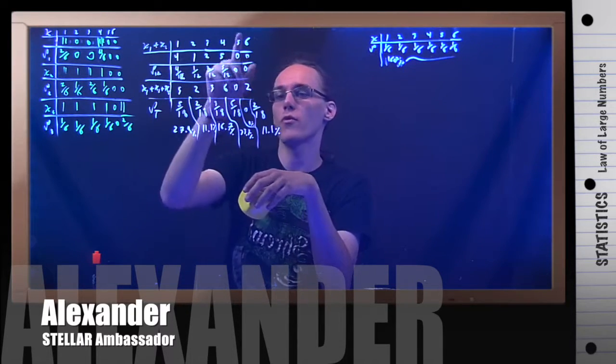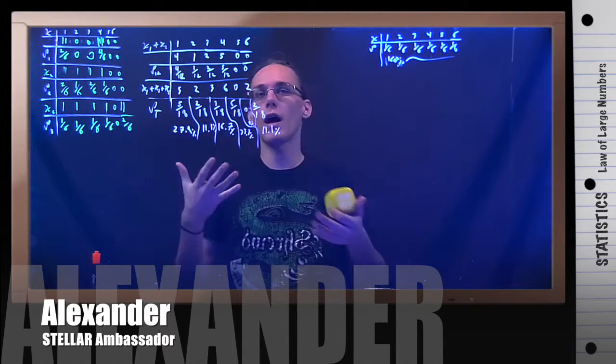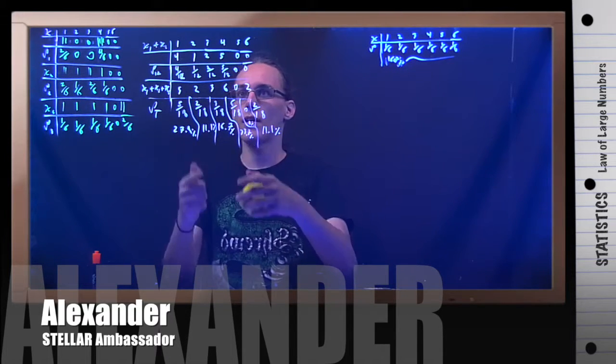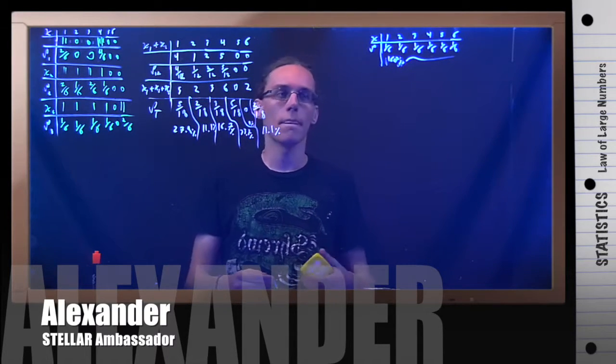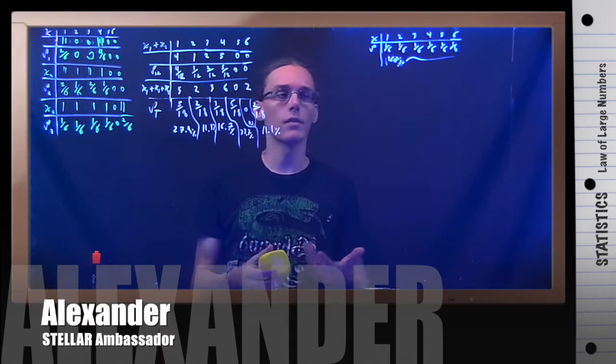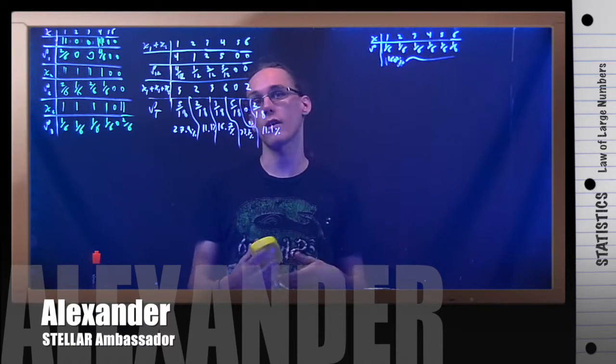I would start to see more 5s. That would bring that probability distribution up. The very fact that I'm seeing more 5s means I'm seeing fewer of some of these other numbers, so these distributions would go down. I'd see more 2s and 6s. And overall, if I could roll this die over and over till infinity, I would see this 16.7% for 1s, 2s, 3s, 4s, 5s, and 6s.